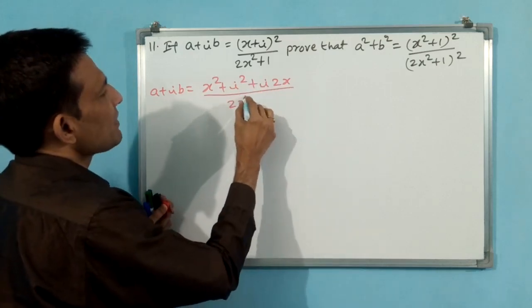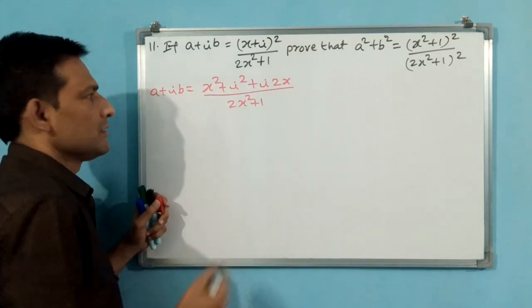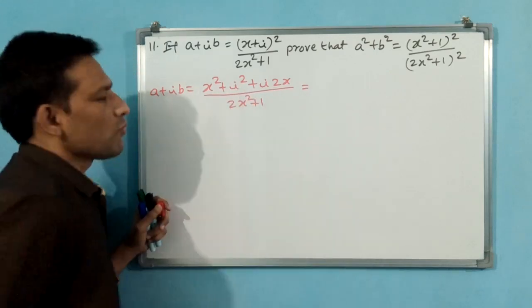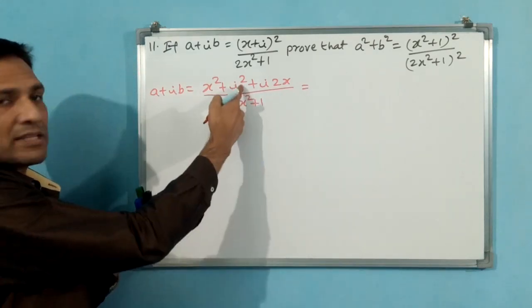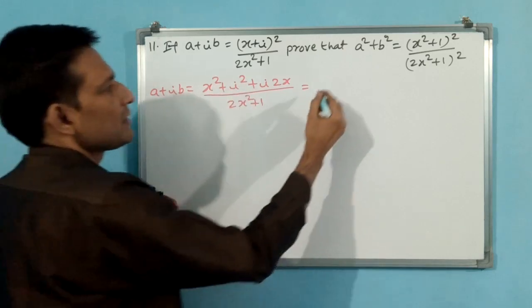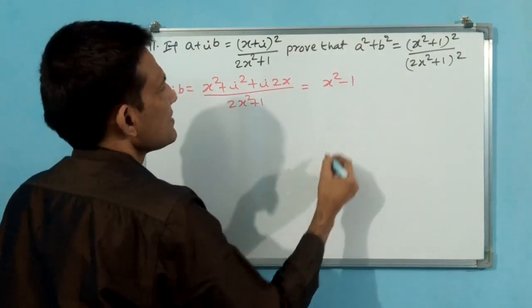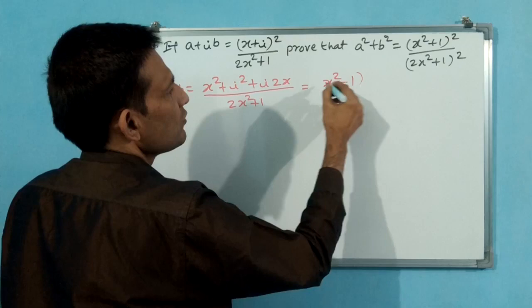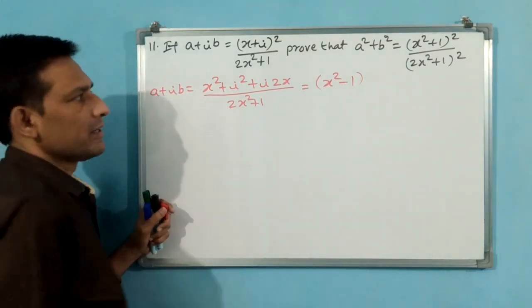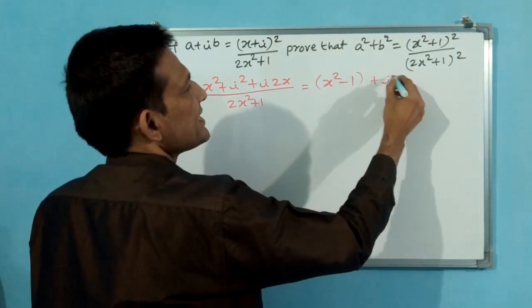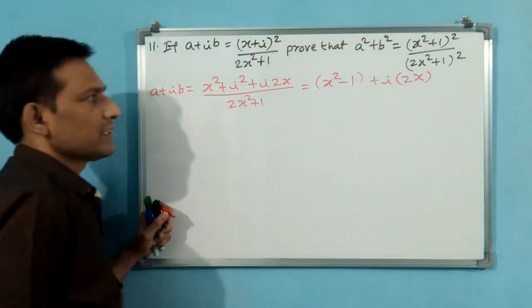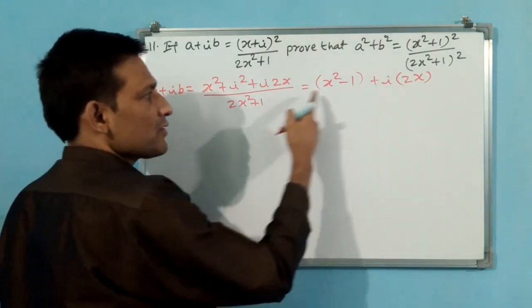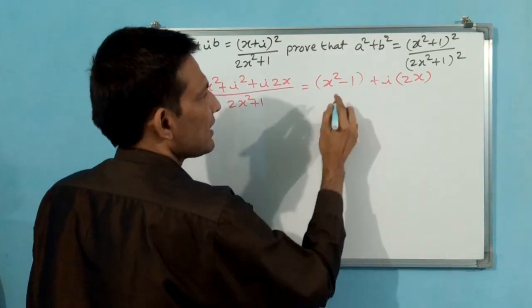Because 2x square plus 1 will be like this only. But this portion you can further simplify. Why? Because i square is minus 1. x square minus 1. Okay, you keep the real part separately, plus i, this also you put with parentheses, 2x. Okay. Now 2x square plus 1 you write for both rather than 1.